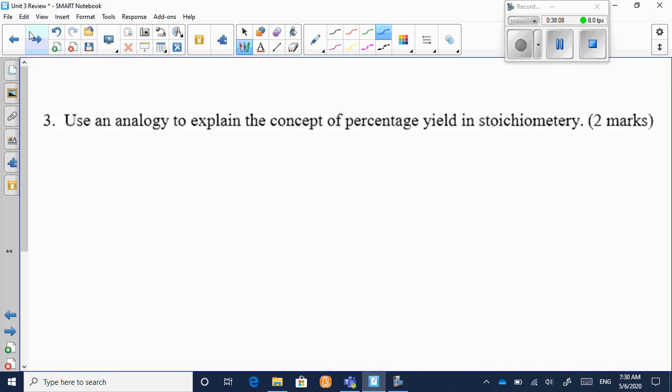Use an analogy to explain the concept of percentage yield in stoichiometry. So I used analogies all over the place, but I certainly used it to explain percentage yield, and the one I used was baking cookies.